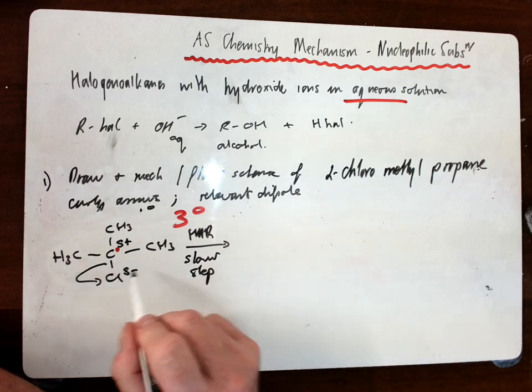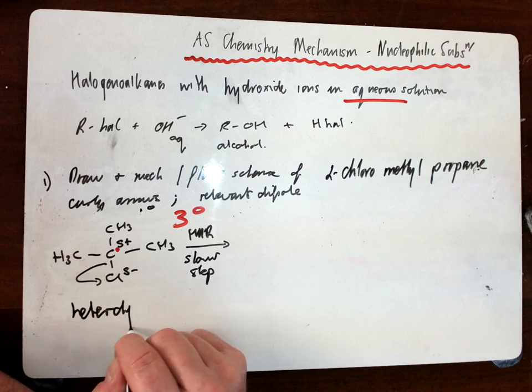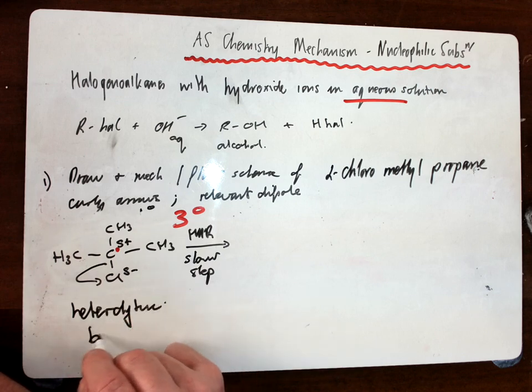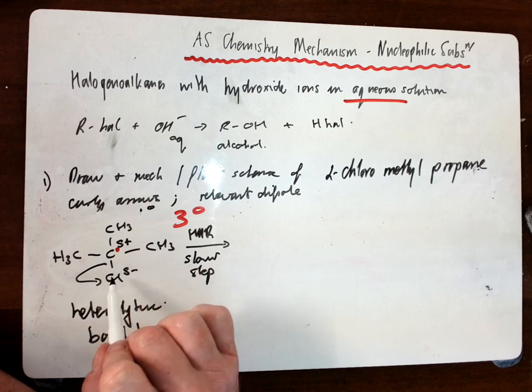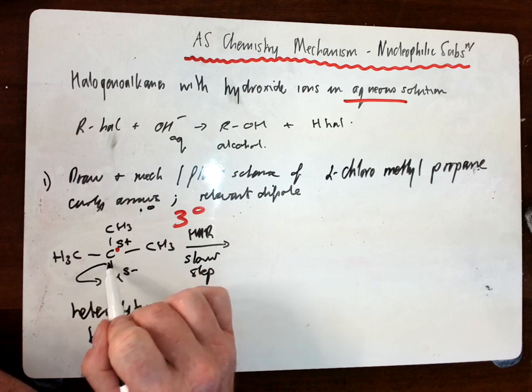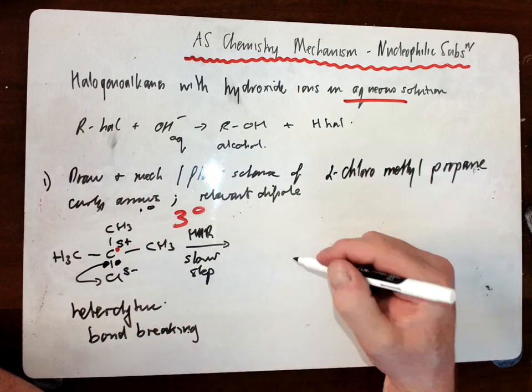Now this causes again heterolytic bond breaking, so that uneven breaking of the bond where both electrons go to that chlorine. We show that again by the curly arrow, showing that the pair of electrons go towards that chlorine.